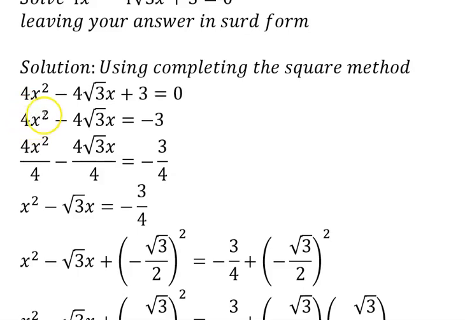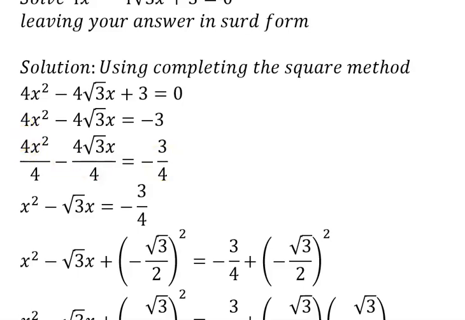This time around, the coefficient of x squared is 4. So we are going to divide through by 4 so that this place can be 1. So we divide 4x squared by 4, we divide 4 root 3x by 4 as well, and we divide minus 3 by 4.